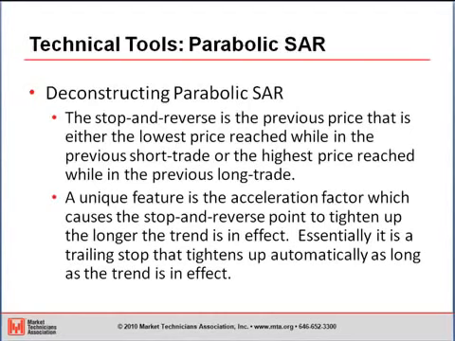So you'll take that price and then add the unique feature of the parabolic system, which is an acceleration factor, which is a built-in method that causes that stop and reverse point to tighten up the longer the trend is in effect, i.e., if your original stop loss is 10%, by the time the trend ends, that stop loss may have fallen to 4% or even 3%. You can adjust the acceleration factor in the parameters on your Reuters machines or any other quote service, but it is essentially a trailing stop that tightens up automatically as long as the trend is in effect.